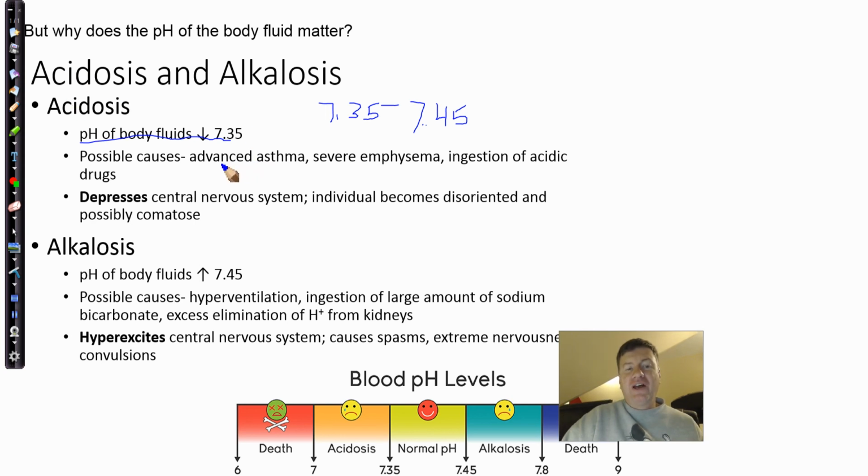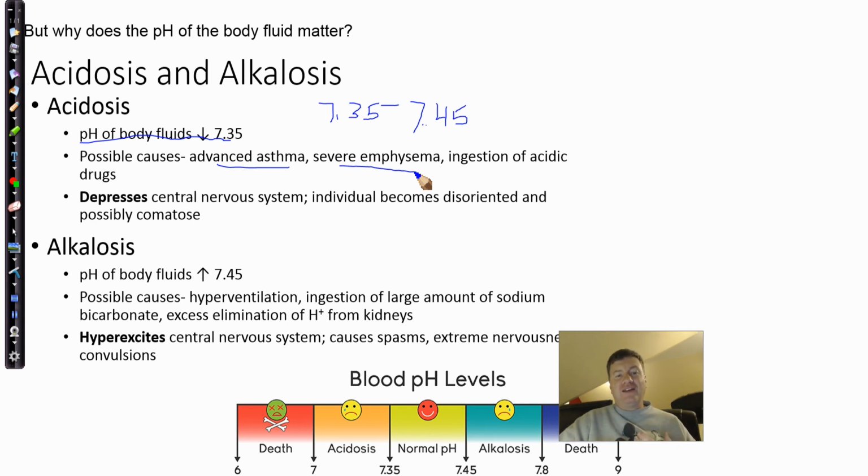Some causes are advanced emphysema or asthma. And you're thinking, well, why would those cause acidosis? One of the things that happens when we don't breathe out very well is we keep CO2 in our bodies. CO2 actually combines with water to form acid. So the less efficiently you breathe, the more acidic your blood becomes.